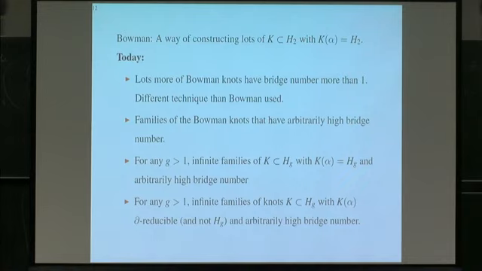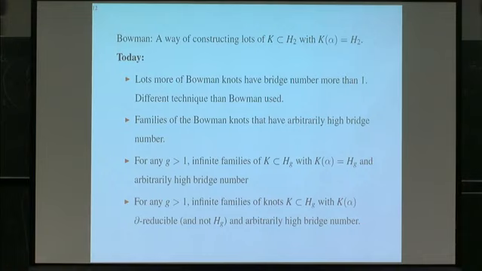So Sean gave lots of examples of knots in genus 2 handlebodies that admitted handlebody surgeries, and only some of which he showed were bridge number bigger than 1, certain families. So today I want to talk about using a different technique to show that the bridge number is bigger than 1 for other families that he constructed, and in fact show that the bridge number gets arbitrarily large.